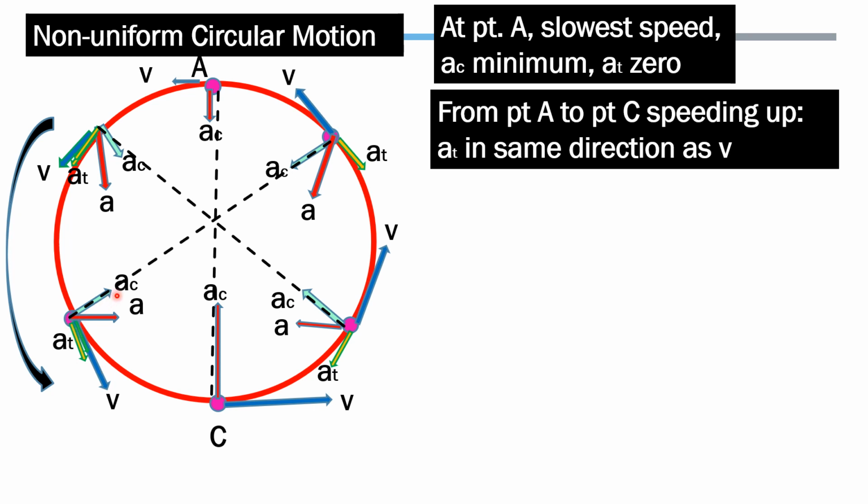Okay? And since the centripetal acceleration changes with the tangential velocity, it follows that the actual acceleration is also increasing from point A to point C. What happens when the body is already at point C? At point C, the body acquires the greatest tangential velocity.